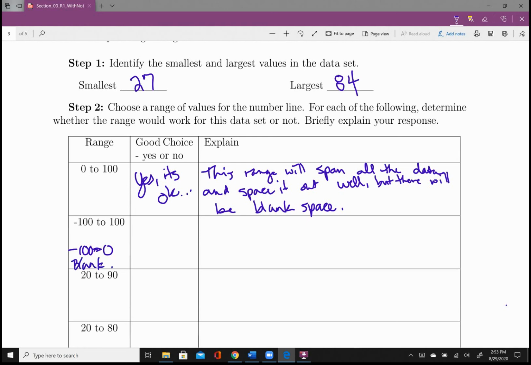So half of the space is going to be blank. That's not a good representation for this data, and we'll just say that half of the number line will be blank or empty. Leave it at that. That's good enough reason for this to be not a good choice.